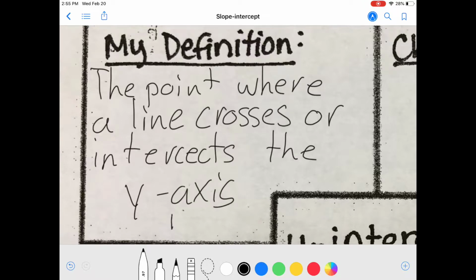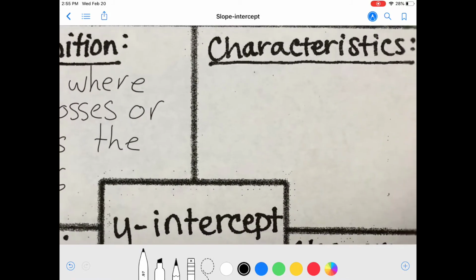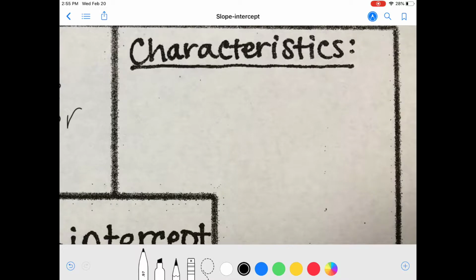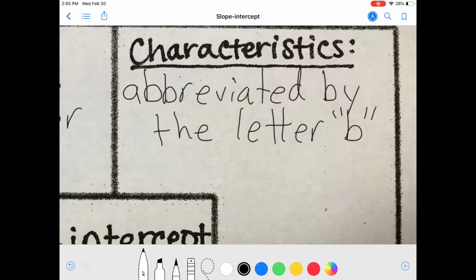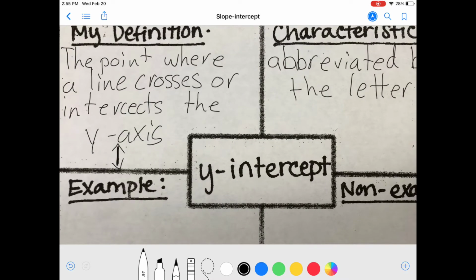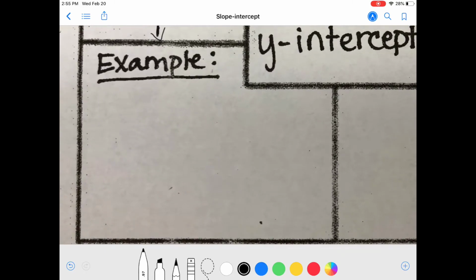So remember, the y-axis is the line on the graph that is up and down versus left to right. The y-intercept is abbreviated by the letter B. An example of a y-intercept is from a graph.